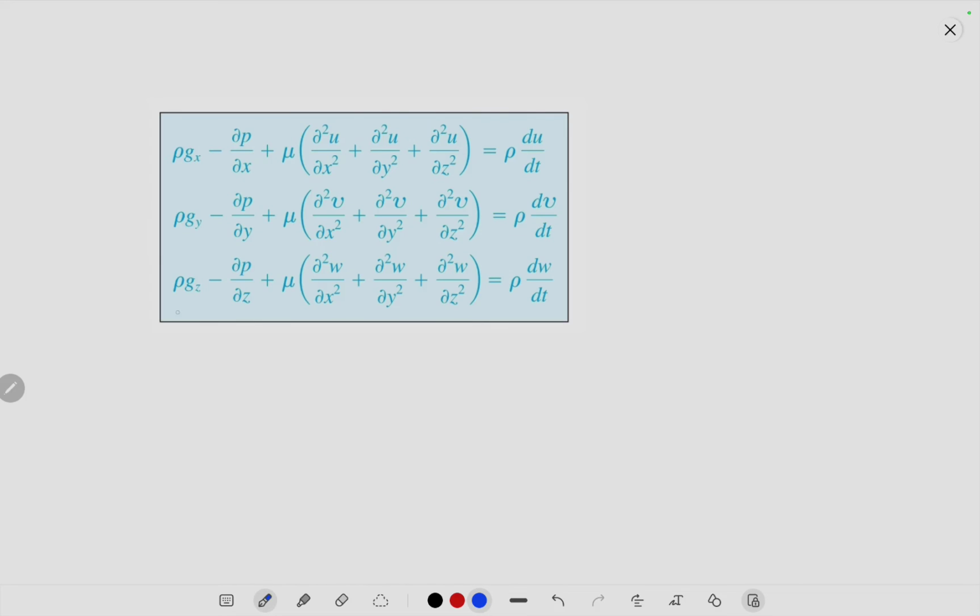So now let's copy paste the result from a book. This is the result that we get after putting the values of tau ij components in the Cauchy momentum equation.